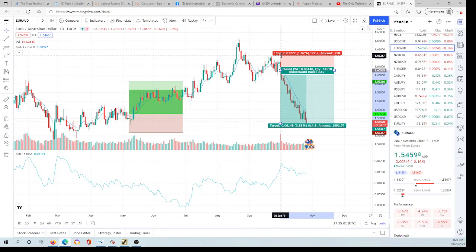Okay, your entry was there, so your stop loss was a little bit above this, so you put it there. Or the ADR, you add one ADR to it, and ADR also can help you to take your profit. So if you add one ADR to it and you want to go for 1 to 1, then that. But if you want to go for 1 to 3, you calculate 3.